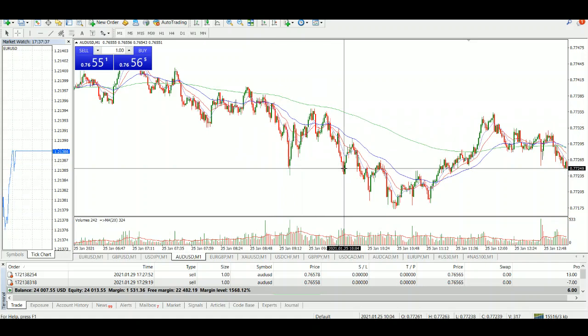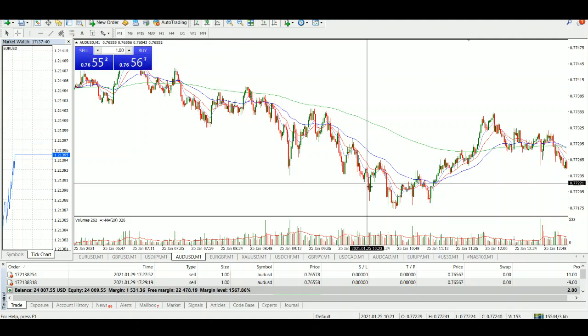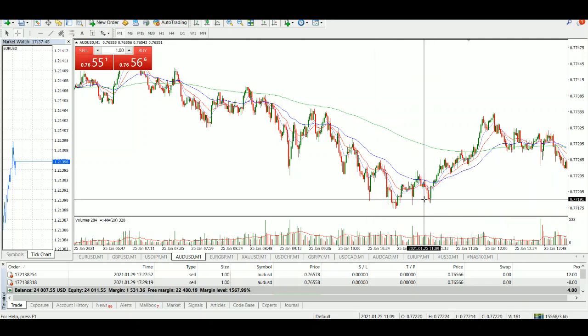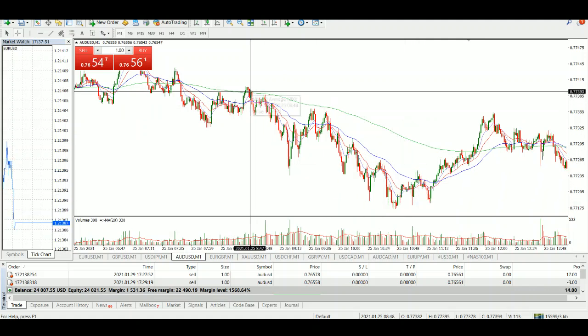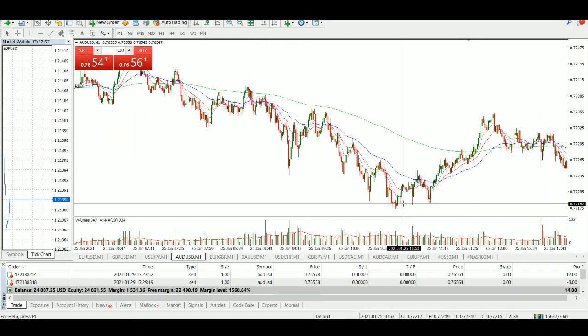I wait for the price to break this space. From here, I start selling again, selling again, selling again, selling again. Imagine, here we are, 77,100 almost, 77,170. And you started from 77,390. That's 200 points.